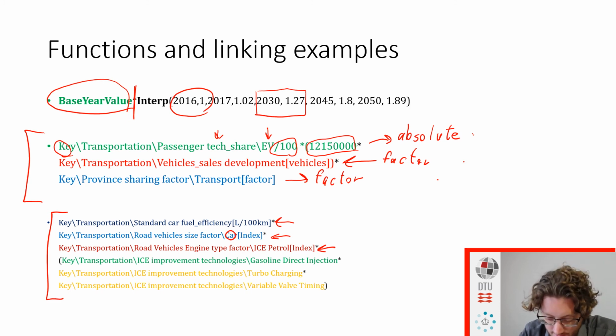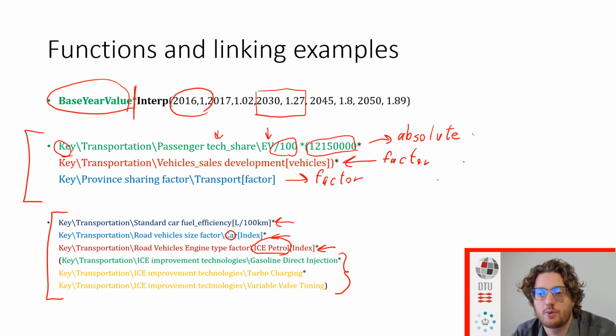So here you can say the standard is ICE petrol, but I can also have that as something else. And these are different factors that improve the fuel efficiency of a specific motor type. These are shared between a lot of different motors and vehicle sizes, and I can just put these in. And this is a yearly factor.